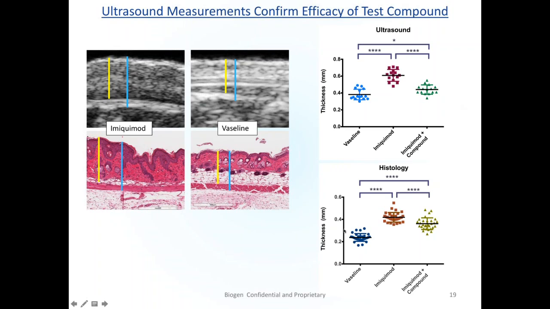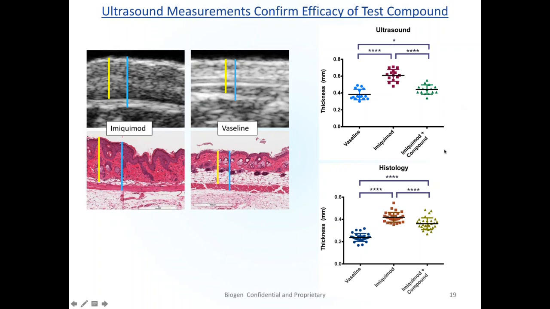So the histology story is very similar. Again, there's a significant increase in the disease-treated group and a significant decrease when the compound is added, so it reduces. Interestingly, from the histology, the compound has not really returned as well to the baseline level. It hasn't quite reached it; it's still significantly different from the control group.